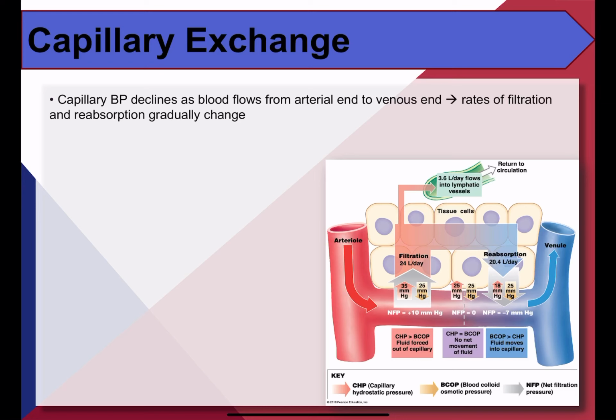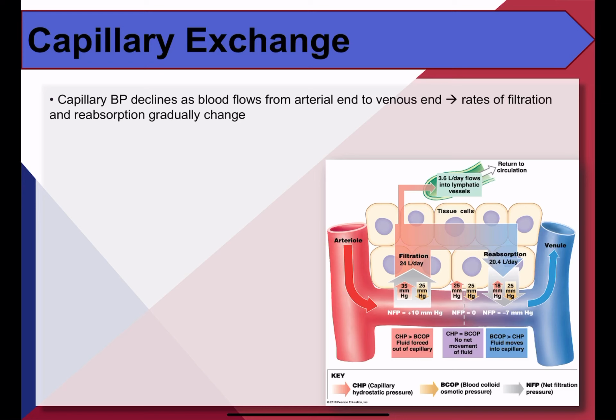Now we're going to talk about why filtration happens at the arterial end of the capillaries and why reabsorption happens at the venous end, by talking about the different types of pressures, and we'll do a little math, okay?